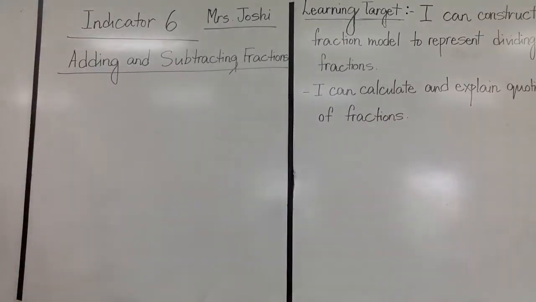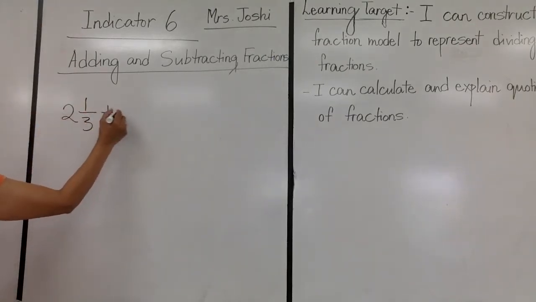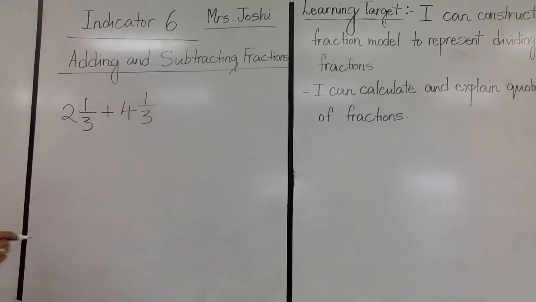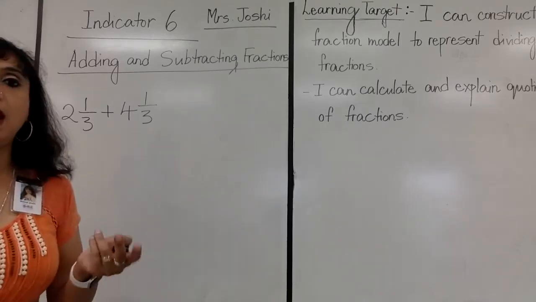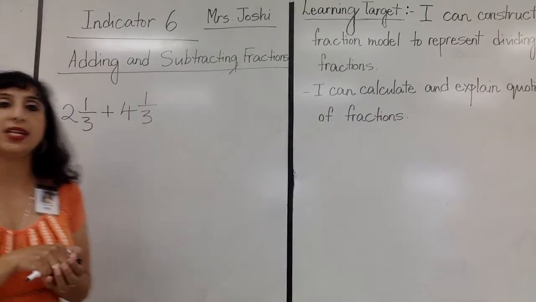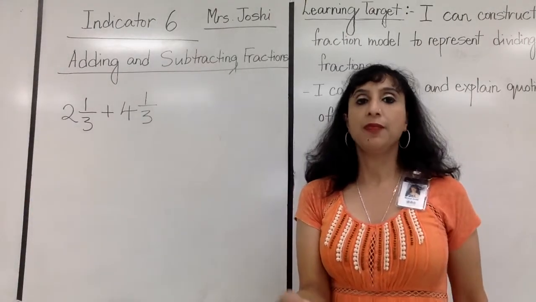Okay? So if I give you 2 1/3 plus 4 1/3, okay? So this is very, very simple again because we have the same denominator, so it's much easier to calculate. Now, when I have this, I'm going to show you 2 different methods that you can use.